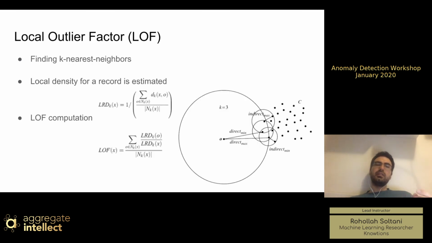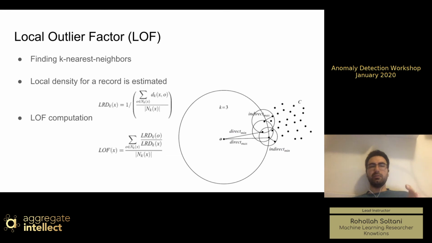The other technique is local outlier factor, or LOF. The LOF method scores each data point by computing the ratio of the average density of its neighbors to its own density.